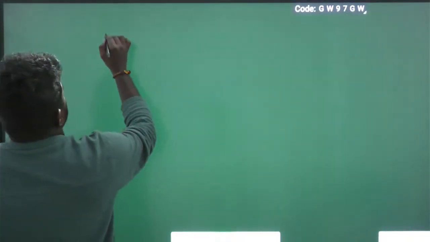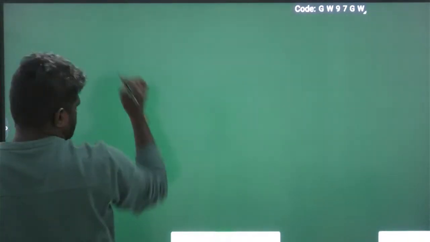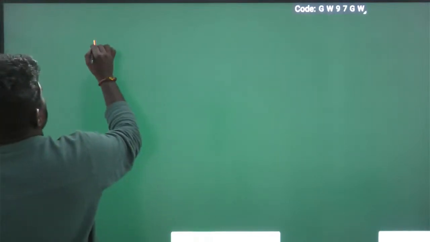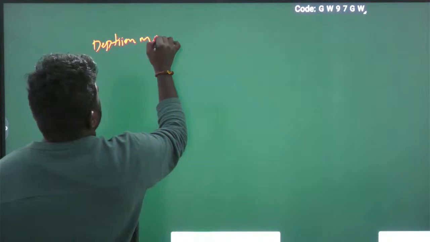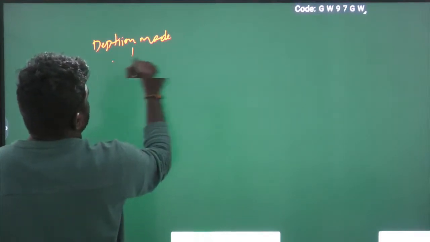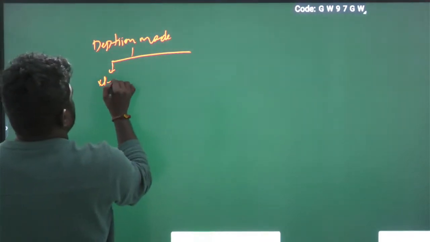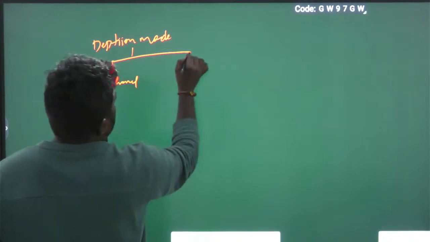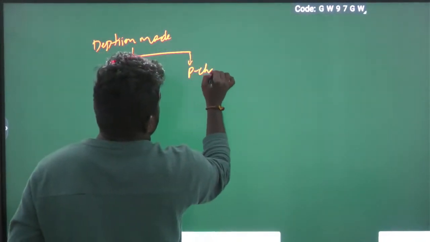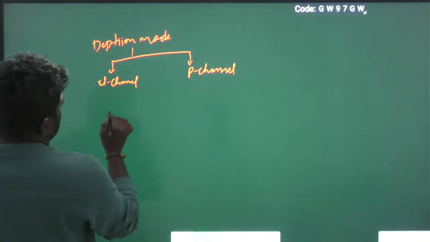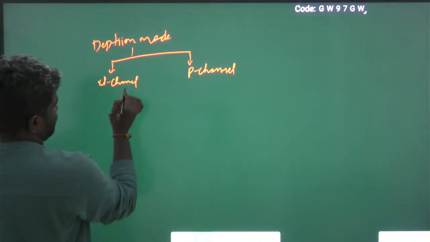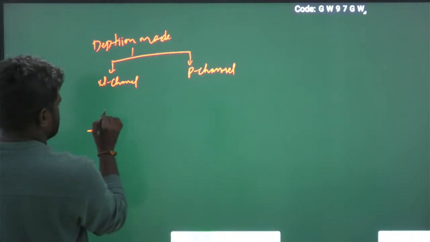So first one is depletion mode. Depletion mode has N channel and the other one is P channel. So the depletion mode diagram is like this.